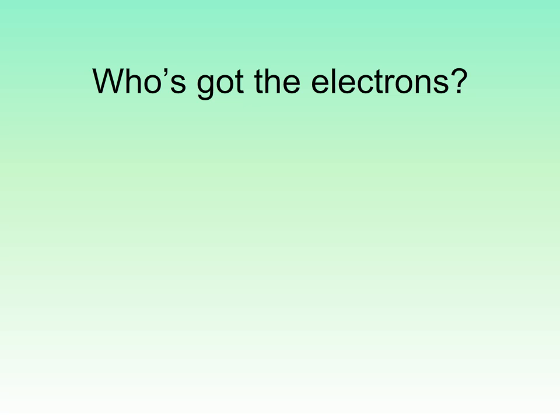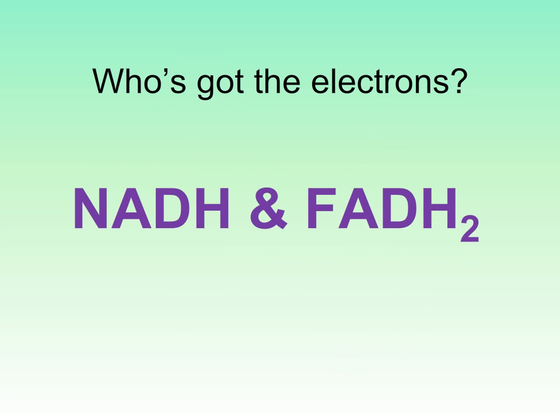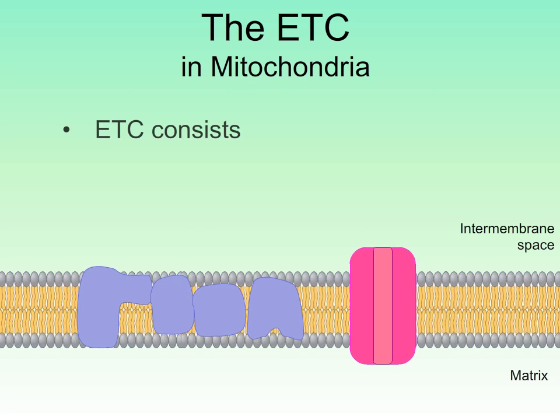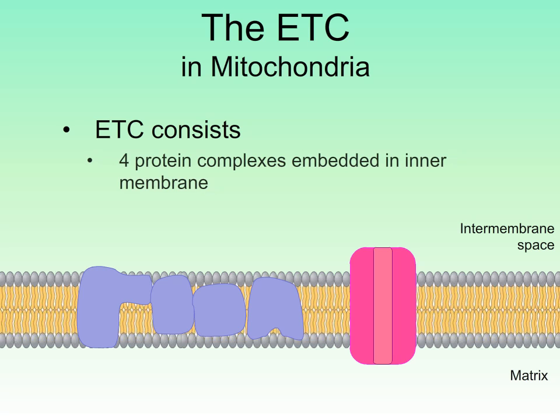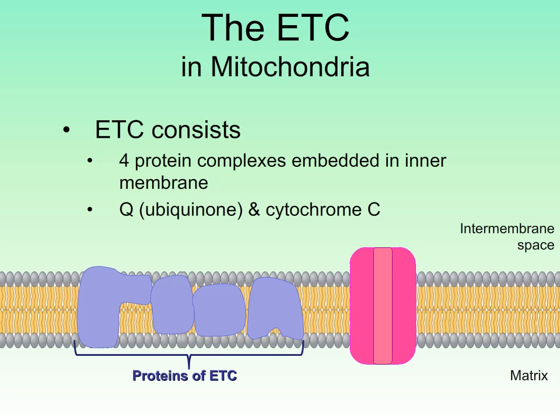And do you remember what electron-carrying molecules were formed in the previous stages? Yes, NADH and FADH2. The electron transport chain consists of 4 complexes of proteins embedded within the inner membrane. They contain enzymes that are able to catalyze redox reactions. In addition, the molecules ubiquinone and cytochrome C assist the 4 protein complexes.